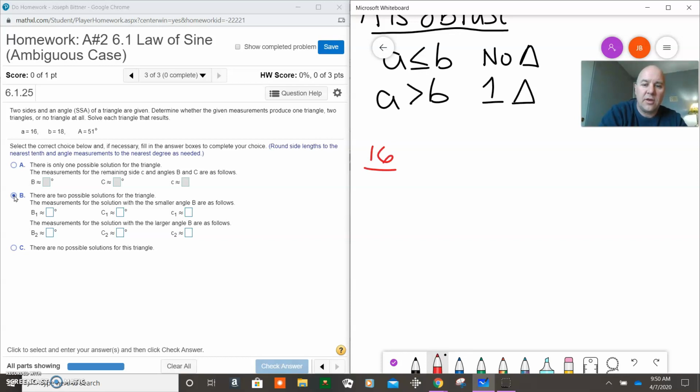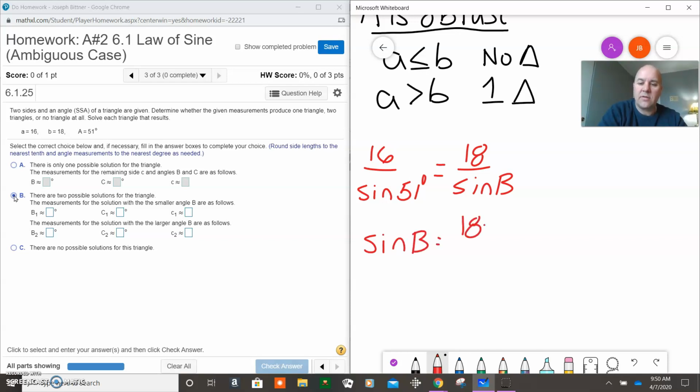So 16 over sine of 51 degrees equals, let's do B first, 18 over sine of B. Cross multiply, so you're going to get sine B equals 18 times sine of 51 degrees divided by 16.